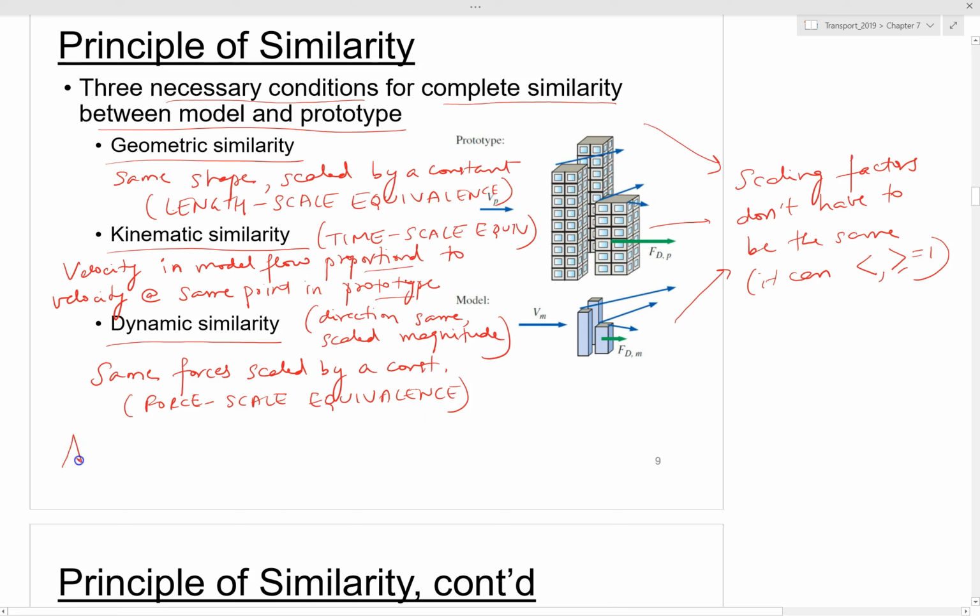The thing to note here is that geometric similarity should be considered a prerequisite for kinematic similarity.